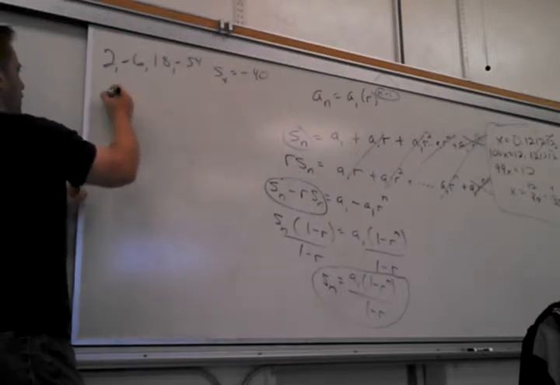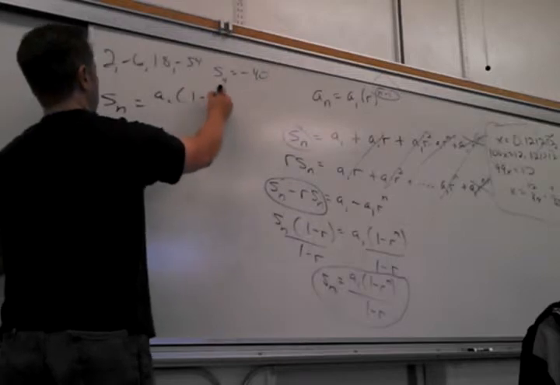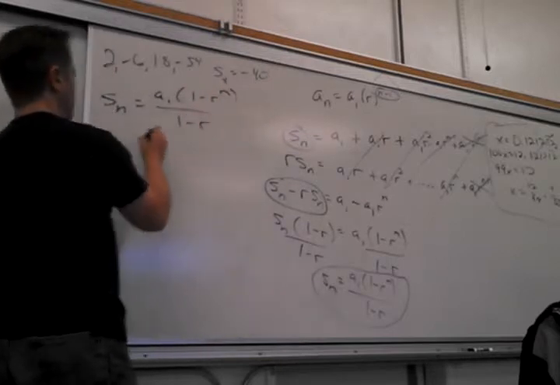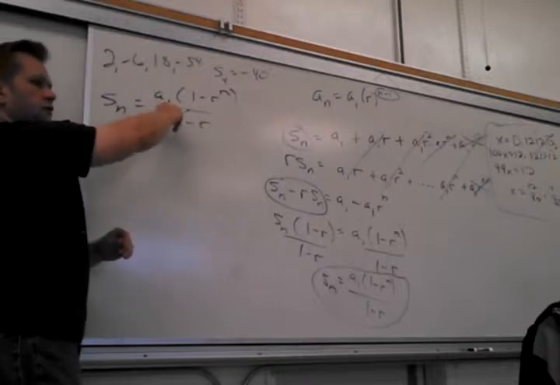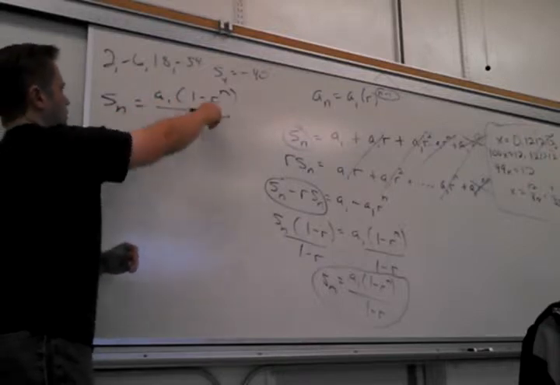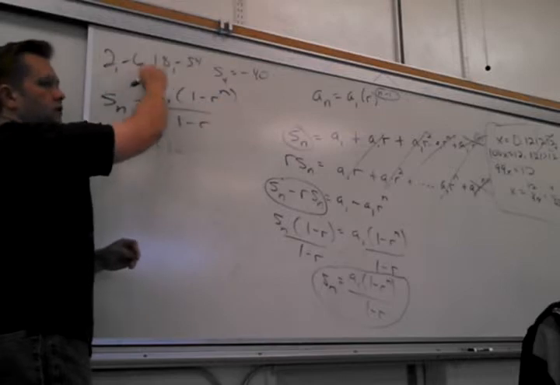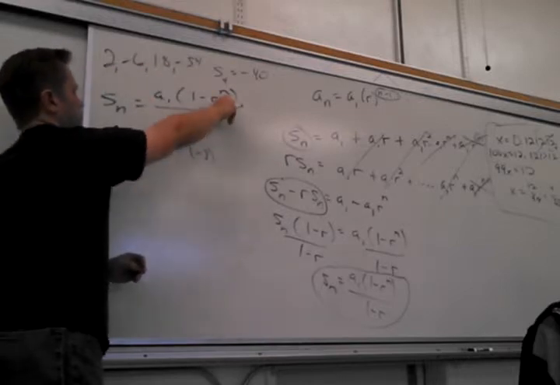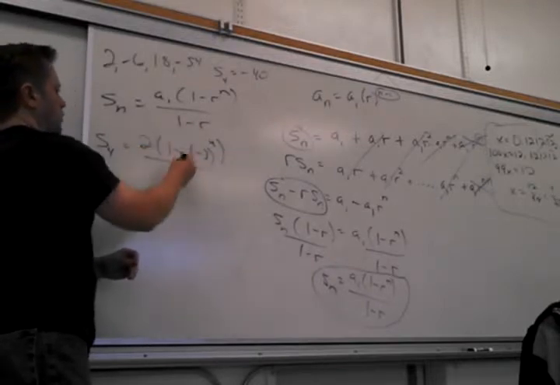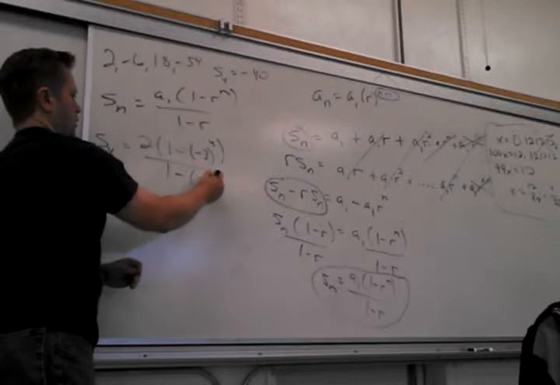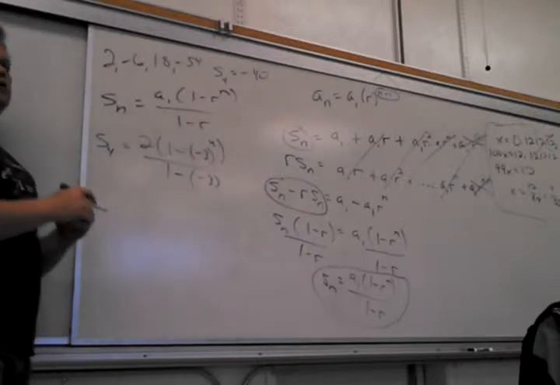So the formula is A1 times 1 minus r to the n over 1 minus r. So if I want the fourth one, A1 is 2. And r, of course, was negative 3, to the 4th power. I like it. All over 1 minus negative 3. Well, just plug and chug now.